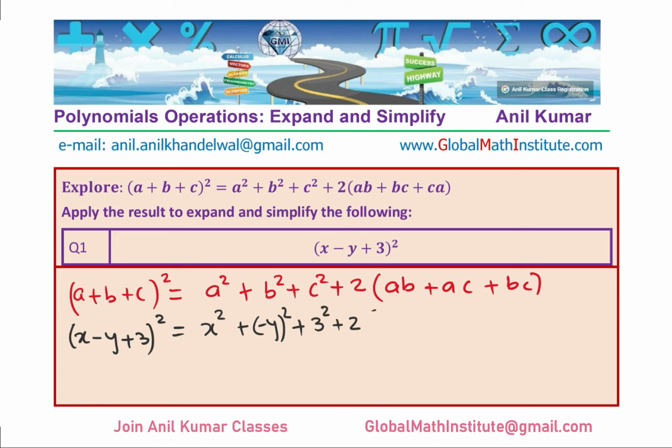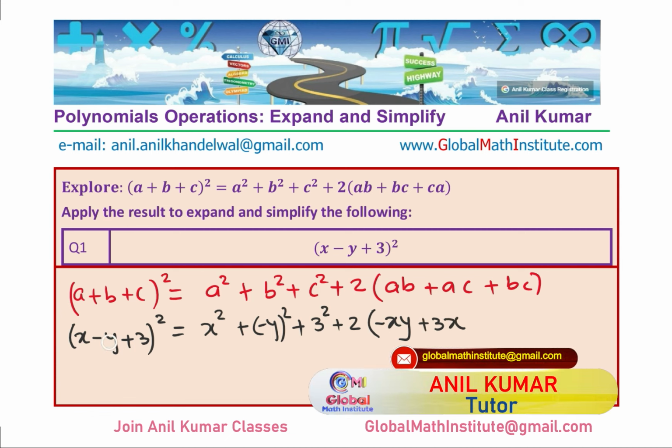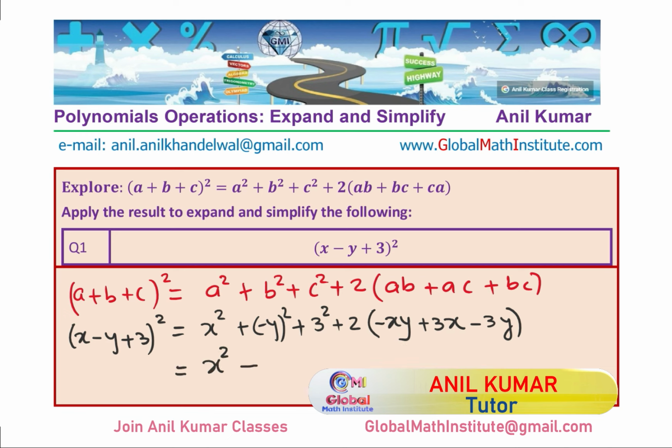Plus 2 times. When you multiply the first two terms, we get minus xy, you see that? And then with 3, you get plus 3x. And multiplying y with 3, we get minus 3y. So that is how you could actually do it and simply take care of the signs.